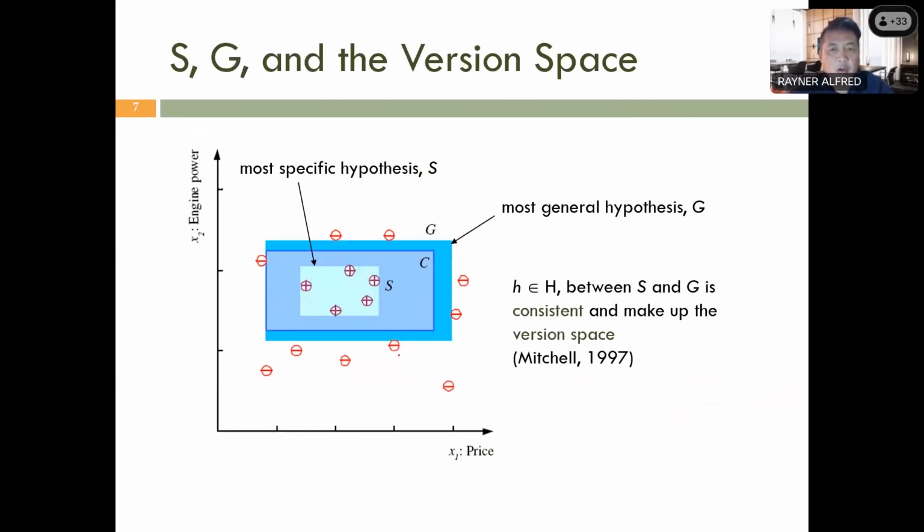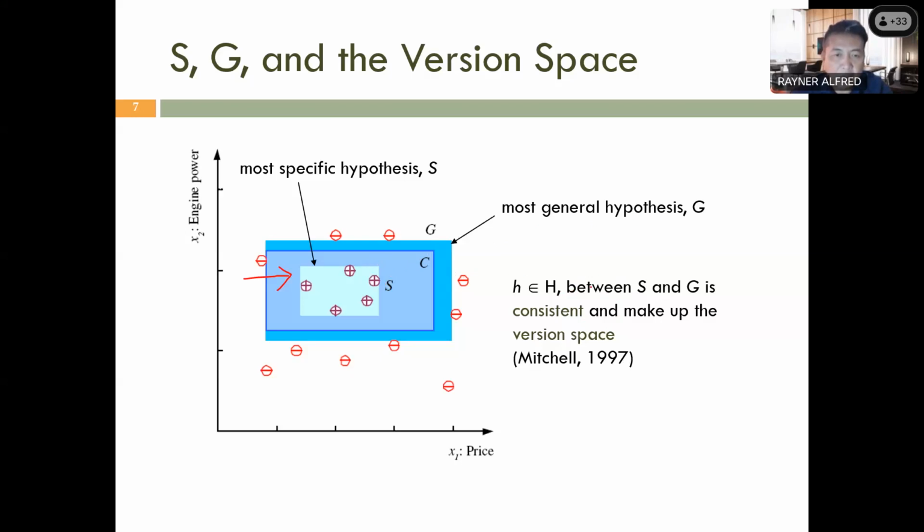Okay, so for example, this one, the actual box is the blue one, which is this one. So the most general hypothesis should cover at least bigger than the actual one. So this is what we call the area between the S and H. Sorry. So this area is the hypothesis.